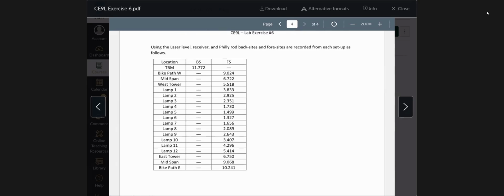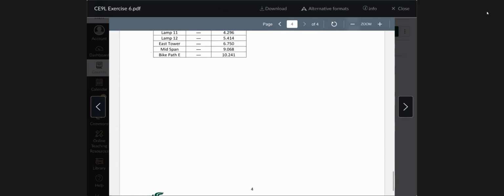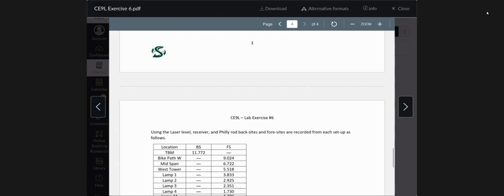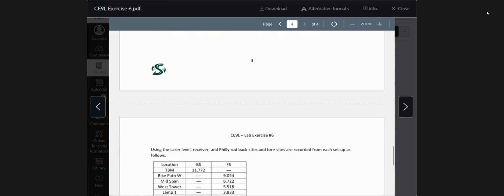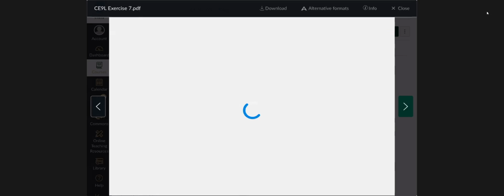Now I'm going to go into a little bit about the laser level, and I'm going to switch files here. Okay. So I'm going to bring up some pages right out of the lab manual.